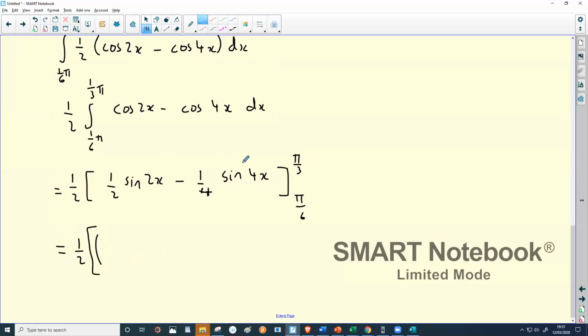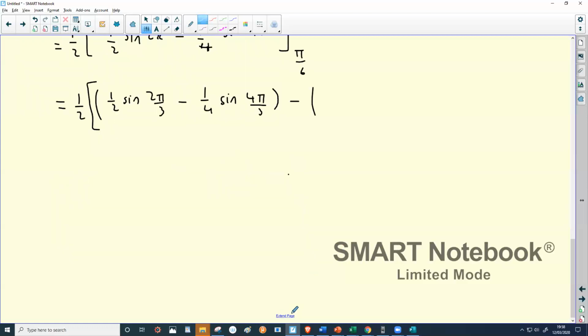If I substitute pi over 3 in there, I get a half sin(2 pi over 3) minus a quarter sin(4 pi over 3). Take away, now I've got to substitute pi over 6 in there.